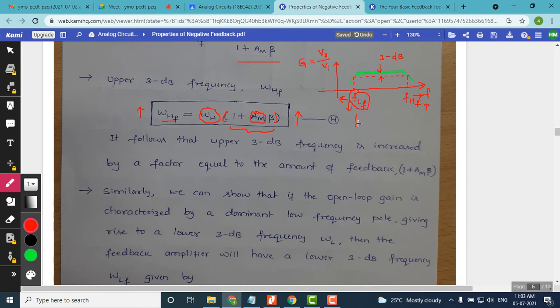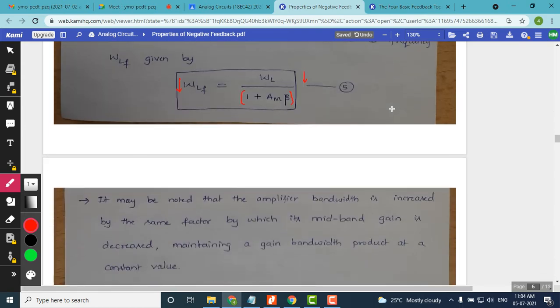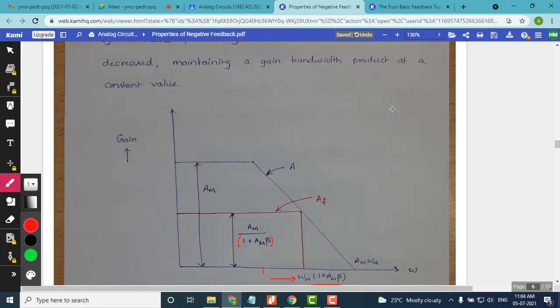Bandwidth is nothing but the difference between these two limits, FHF minus FLF. The range of frequencies over which you can transfer signals is the bandwidth. So bandwidth has to be more, that is the advantage for us.